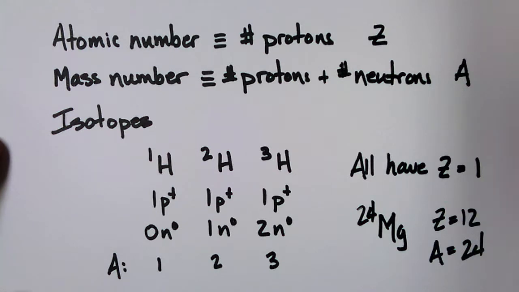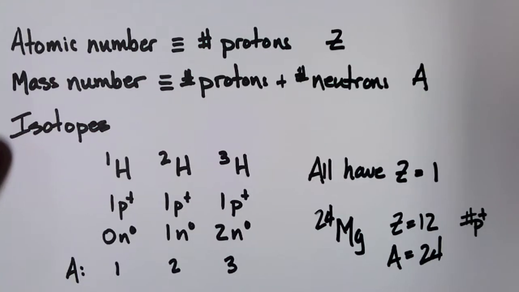So that means there must be in the nucleus 12 protons and 12 neutrons, so that when they're added together you get a total of 24. So how do we figure that all out, you might be asking?